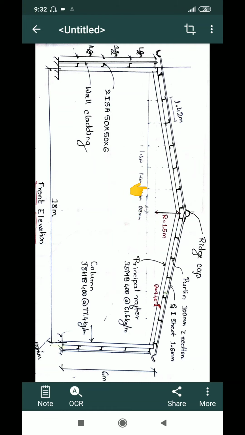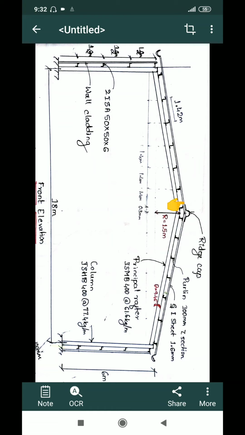Placement of the purlins I am providing at distances of 0.3, 1.4, 1.4, 1.4 and the remaining. So once you mark these points, just take a projection of those points and provide Z section purlins, which are at an inclined distance of 1.42 meter, whereas the horizontal distance is 1.4 meters.